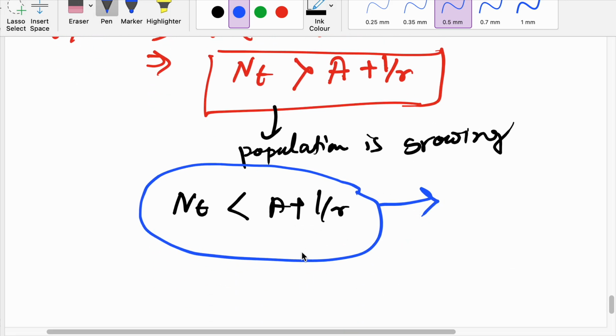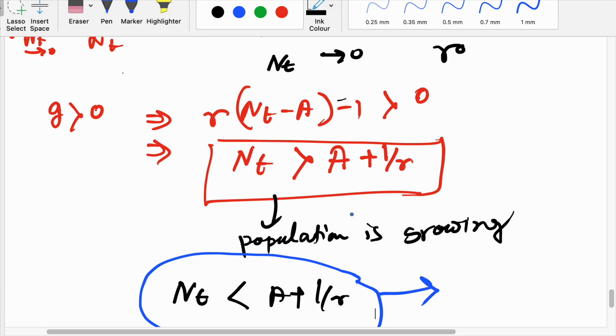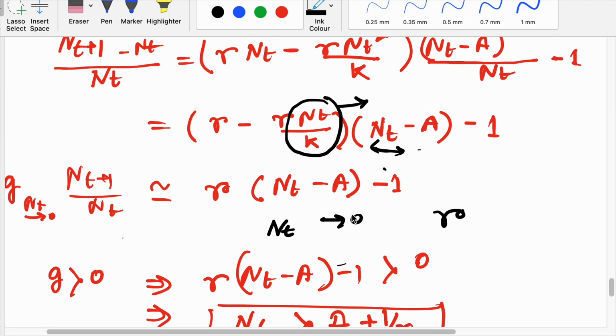So if nt is lesser than a plus 1 by r, the whole population is going to extinction, and if nt becomes greater than a plus 1 by r, the population grows. That means to survive, a population needs at least a certain number of individuals present. This is called the Allee effect.